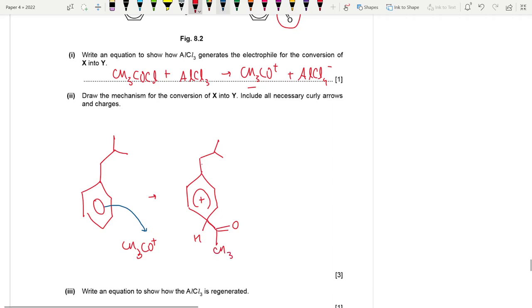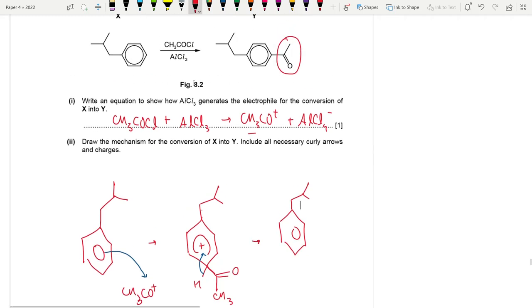Okay, so what happens now? Heterolytic fission occurs, and this hydrogen loses its electron to the ring. Now we get our final product, right? This is our final product. The ring is back again over all 6 carbons, and we get this.